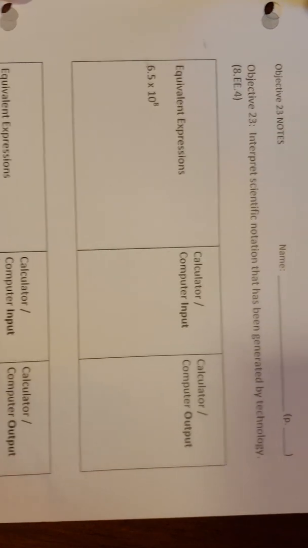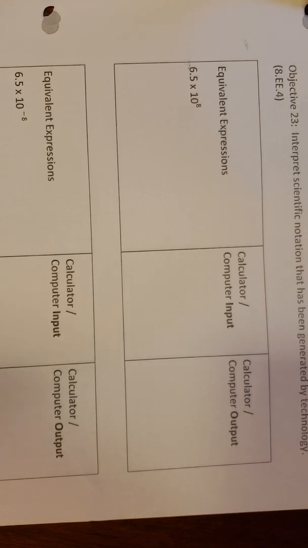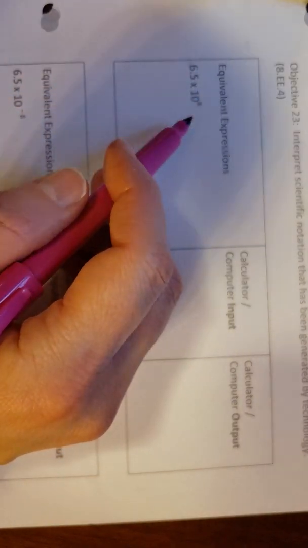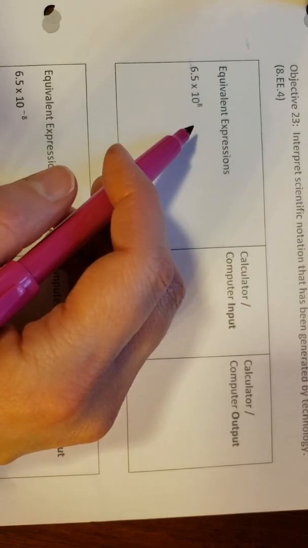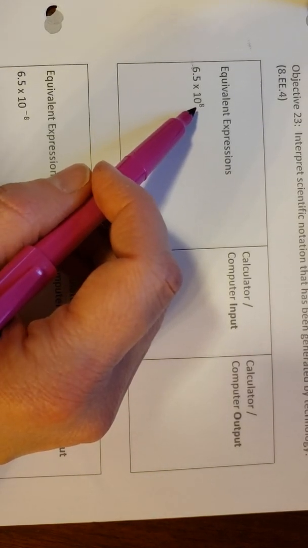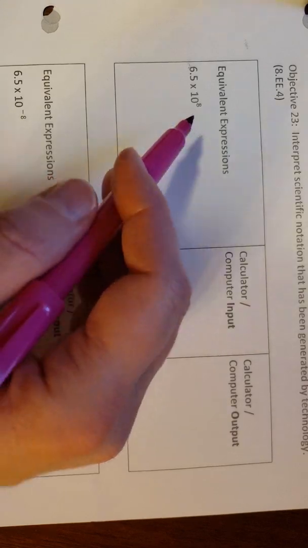For this, you see we have a value that we can convert from scientific notation into standard form. Because I have a positive exponent, I know that this is going to be a large number.